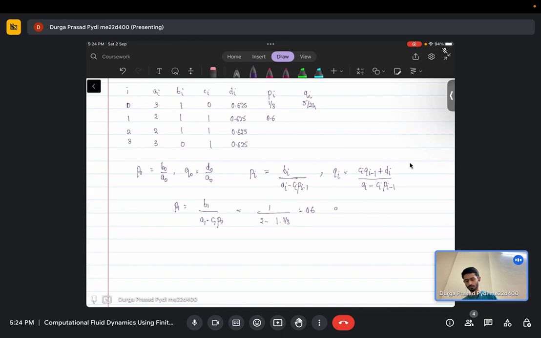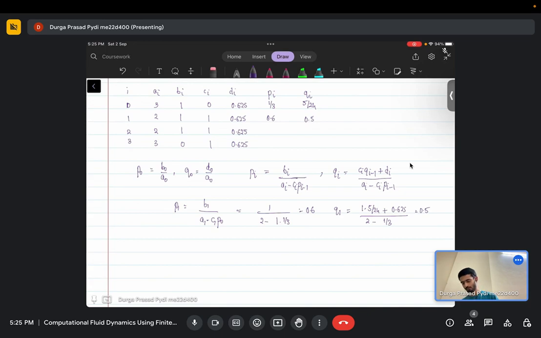And Q1 is c1 into Q0, which is 5 over 24, plus d1, which is 0.625, by 2 minus 1 by 3. That gives you some 0.5. Now similarly you do for the next step.